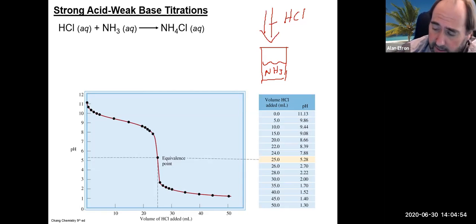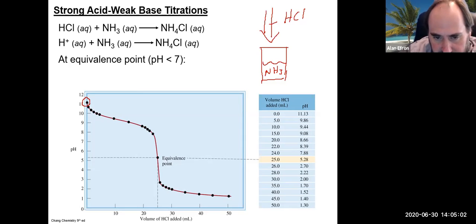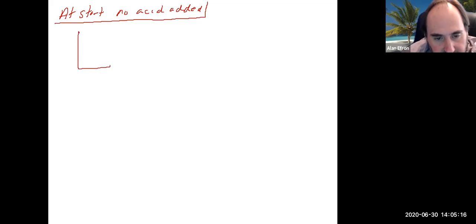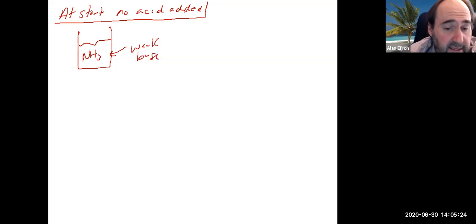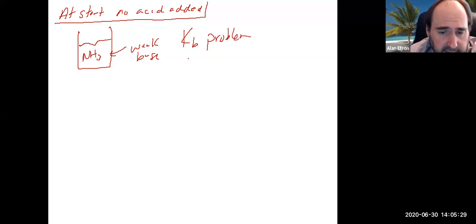And let's start out with what happens when we start the titration. So again here, before we add any hydrochloric acid to it, at the start, no acid added. The only thing that we have in that beaker would be like NH3. We would just have our weak base, which means this essentially is a Kb problem, which means you just take the weak base, like NH3, you add some water, right?